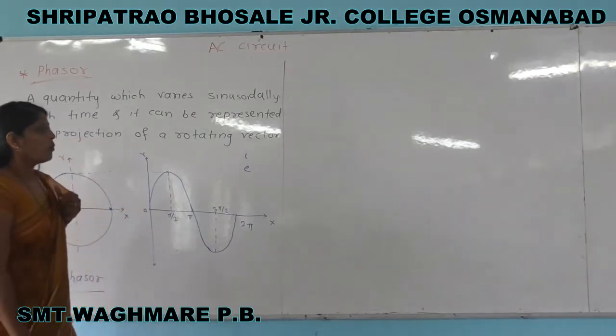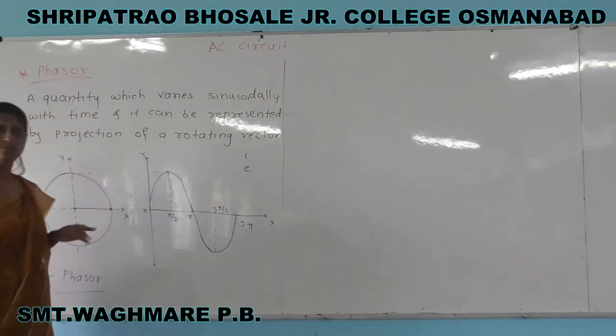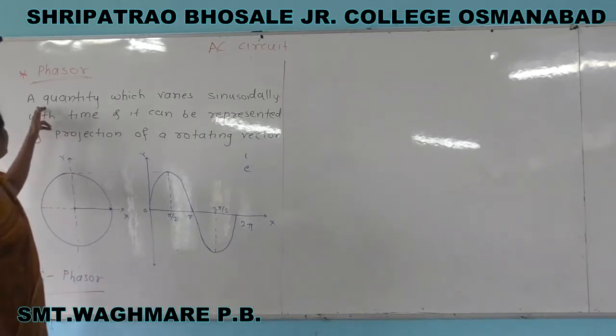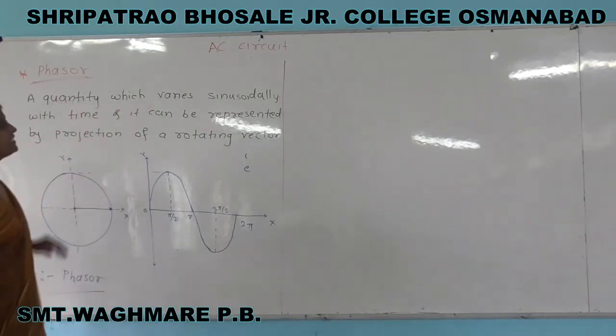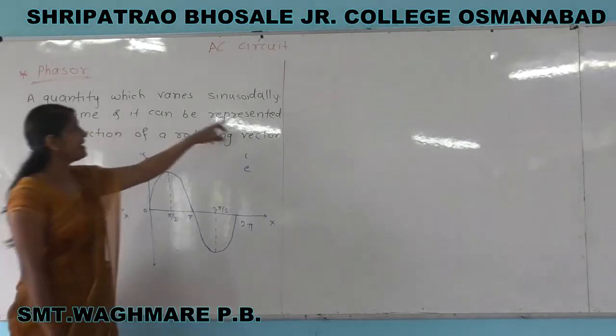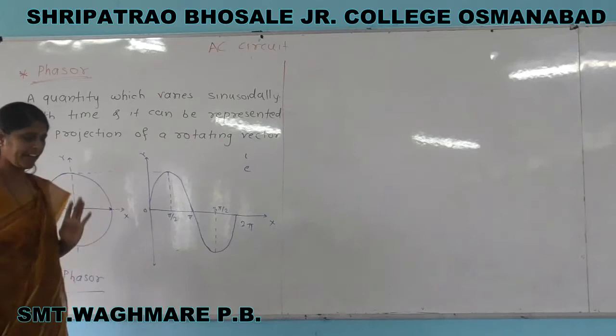So here we can also say that the phasor is the quantity which is in the form of a vector. Phasor is the quantity which varies sinusoidally with time, and it can be represented by the projection of a rotating vector.